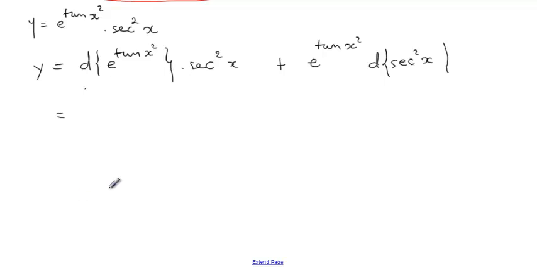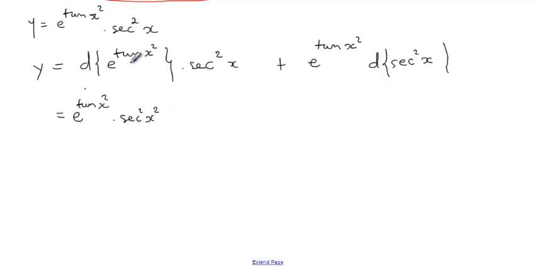Are we together? Okay, the next thing, I know the derivative of the exponential function comes back exactly as it is, with the derivative of its argument. So this will come exactly as e^(tan x squared) multiplied by the derivative of the argument. The argument of the exponential is tan of x squared, so sec squared of x squared.